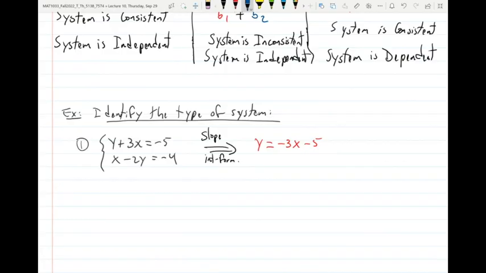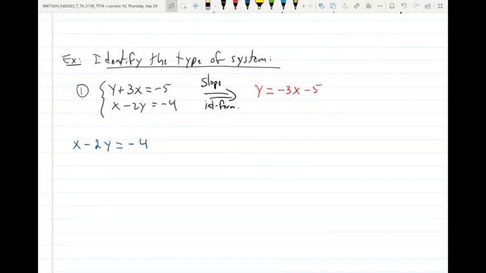Now the second one, we need to do a little bit of work. Let me write it down here. We have x minus 2y equals -4. Who can tell me what's the slope intercept form of this? You did this for the first exam, so you should know this by now.